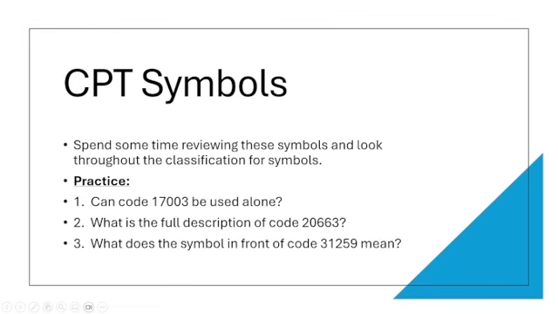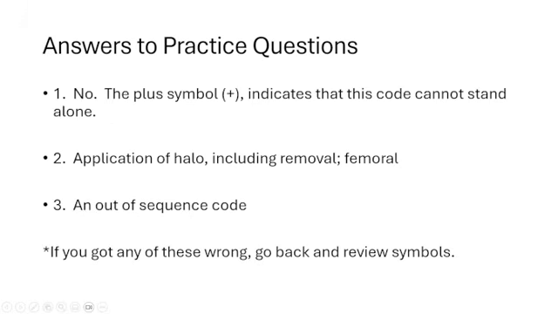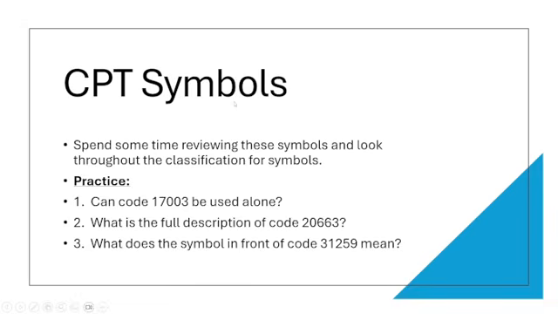Can code 17003 be used alone? No. The plus symbol in front of that code indicates that that code cannot stand alone. What is the full description of code 20663?